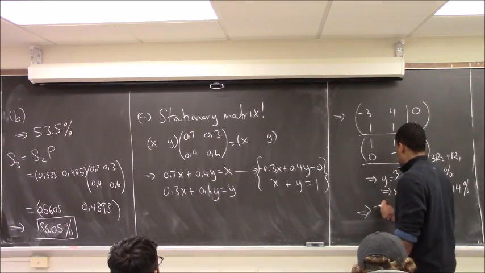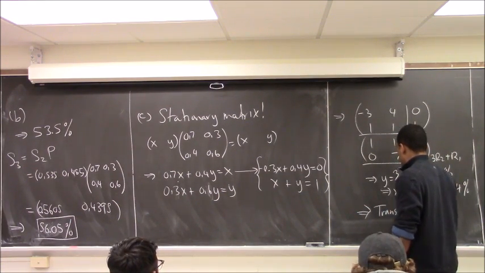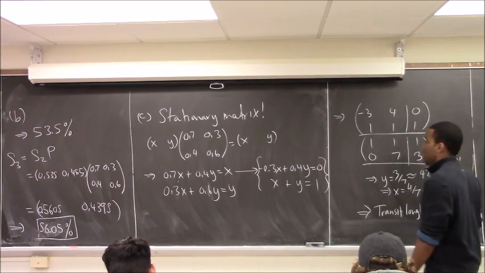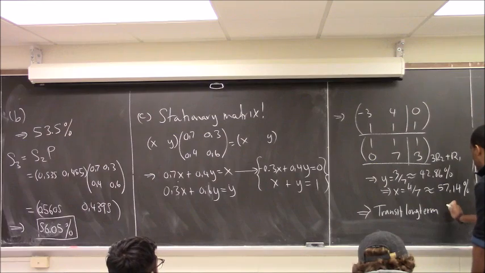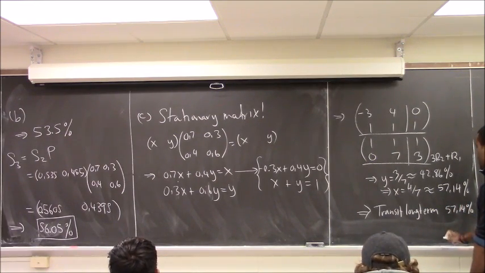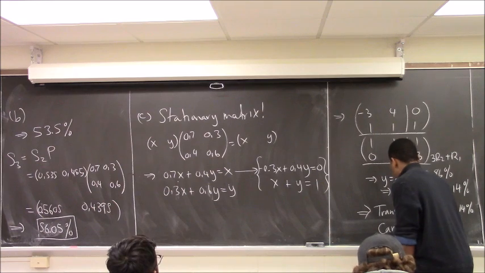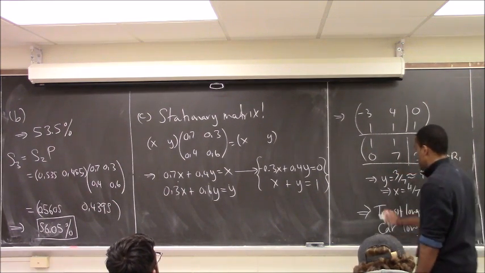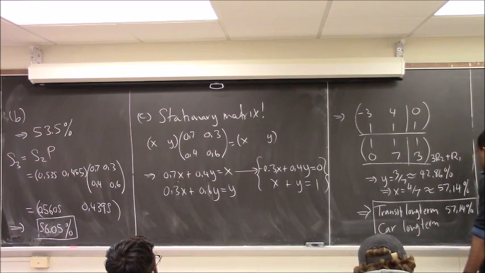Okay, so how many people are using transit in the long term? Transit long term is going to be the X, 57.14%, and car long term. So if they just keep running this transit system, here's how they can expect things to shake out.